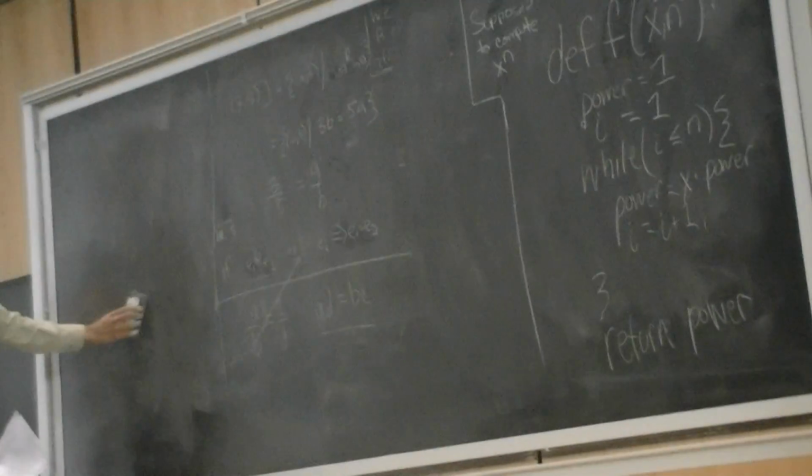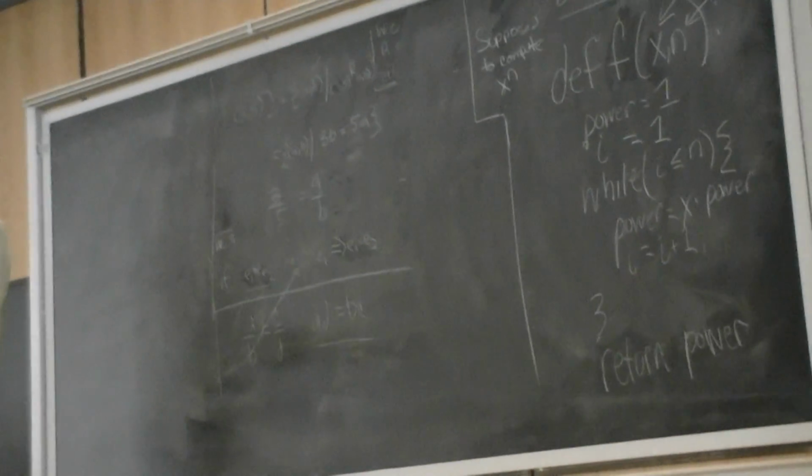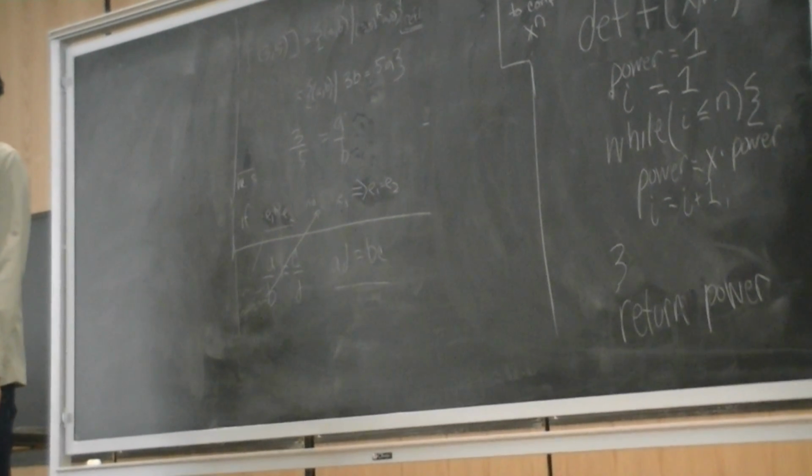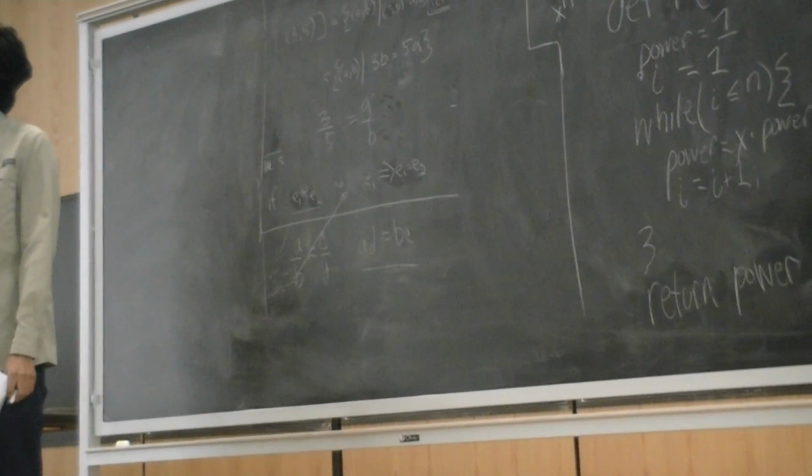Okay, so does anybody have a loop invariant that they'd like to conjecture? What do you think a good loop invariant is here? I don't know who had their hand up for this. i is greater than 0.